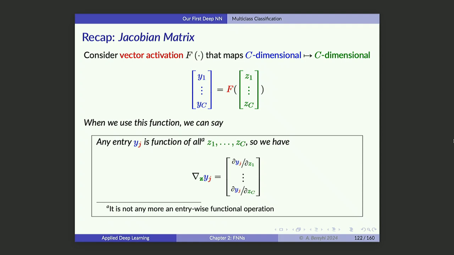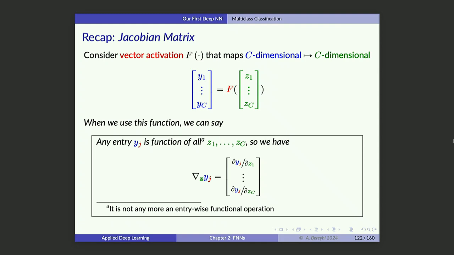Okay? So if you look at this vectorized function y, every single entry in it, y1 till yc, is a function of everything at the other side, right? So y1 is a function of z1 to zc, y2 is a function of z1 to zc, and so on till the last one. Then every single y, so yj itself, has a gradient with respect to z, correct?